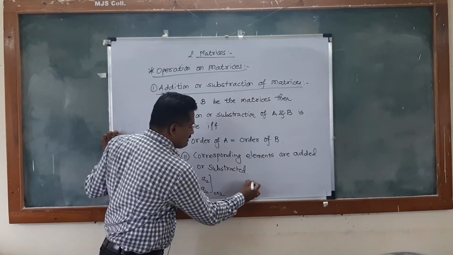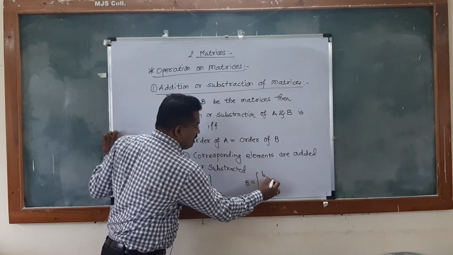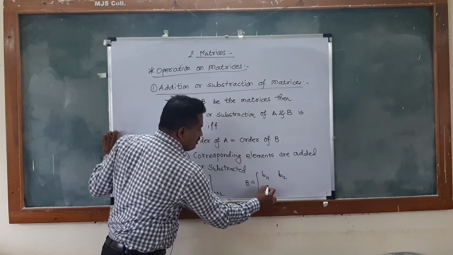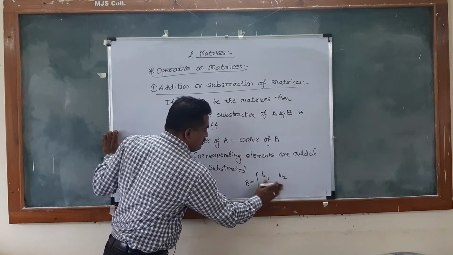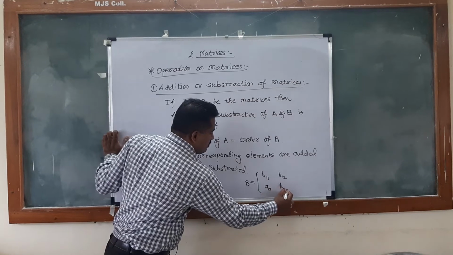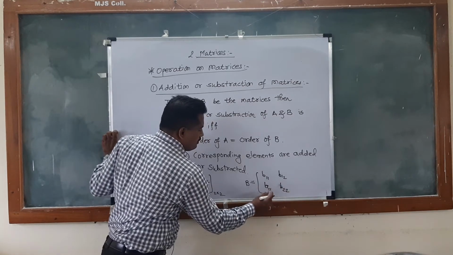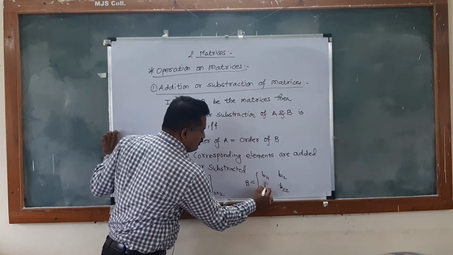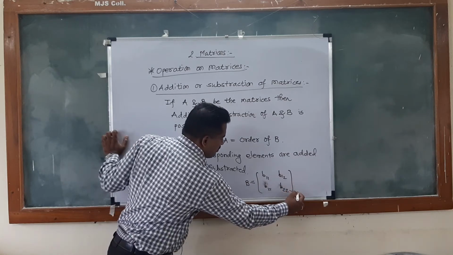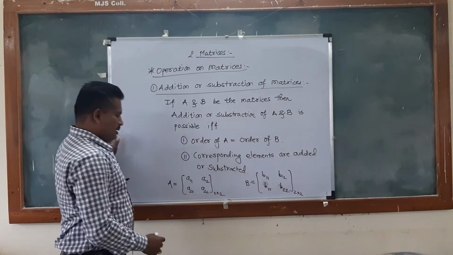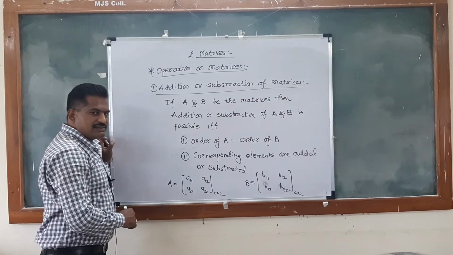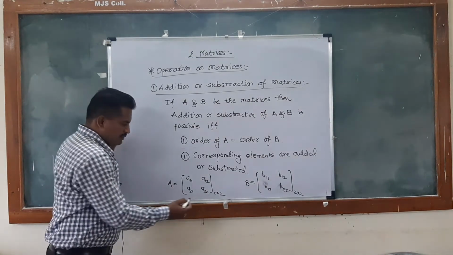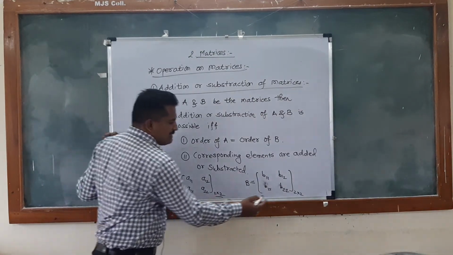And let B be the matrix B11, B12, B21, B22. It is also 2 by 2. Addition of these two matrices is possible if and only if the order is the same.